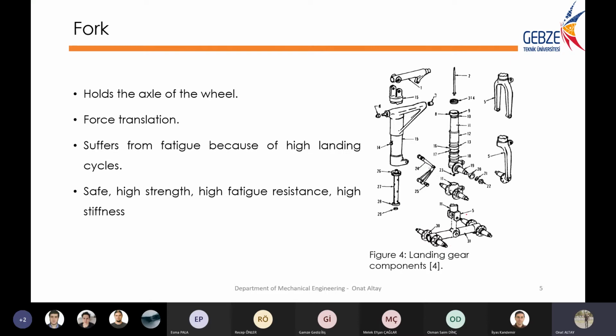So in figure 4, number 5 and this number 5 are forks. And forks suffer from fatigue because of high landing cycles. And that's why, for human safety, a fork must be very rugged and have high fatigue strength resistance.